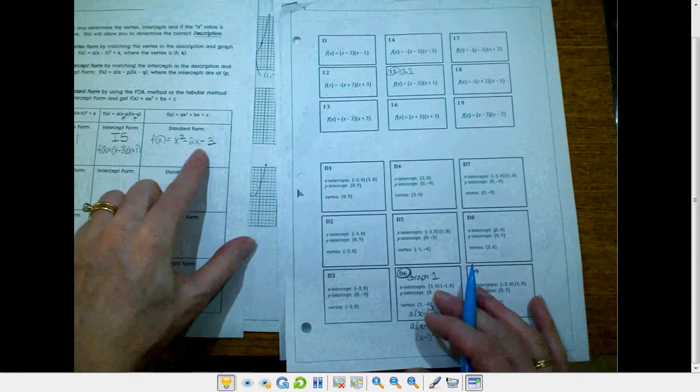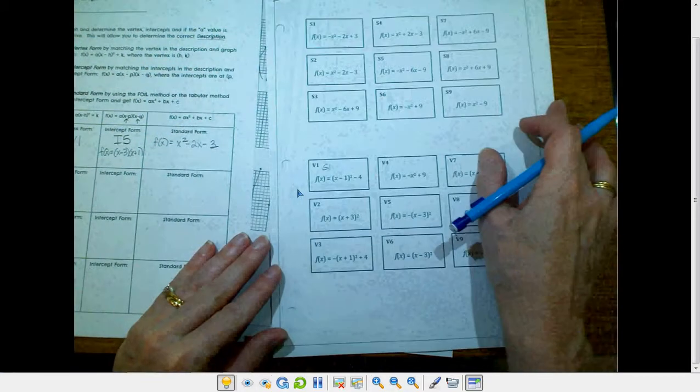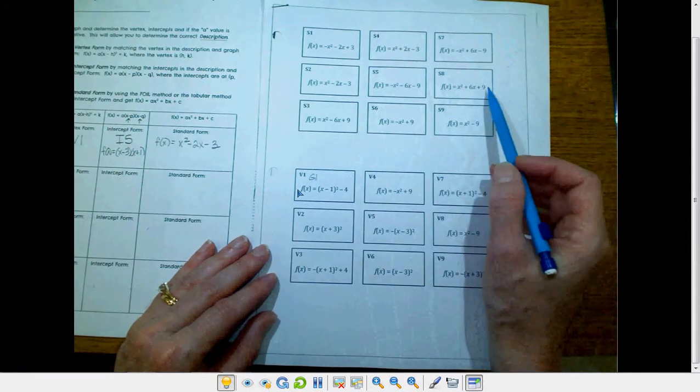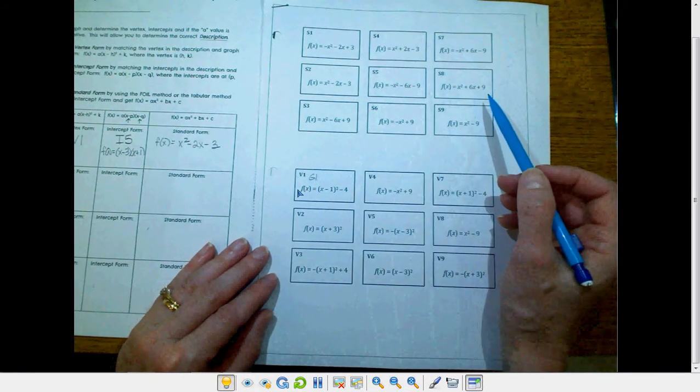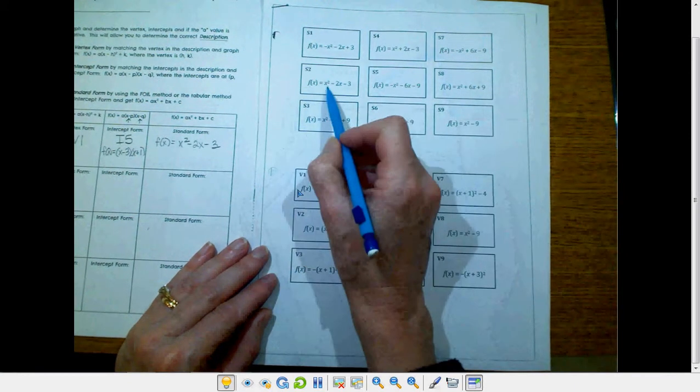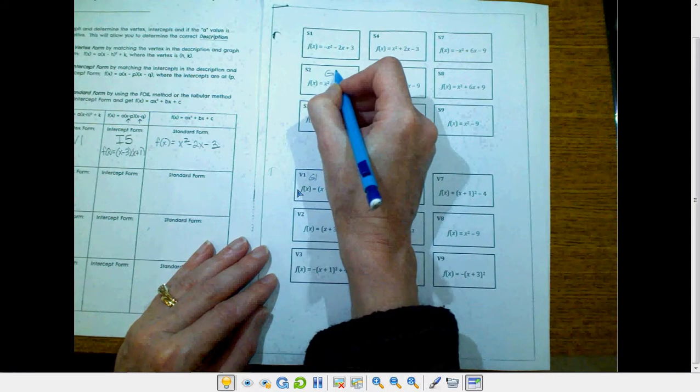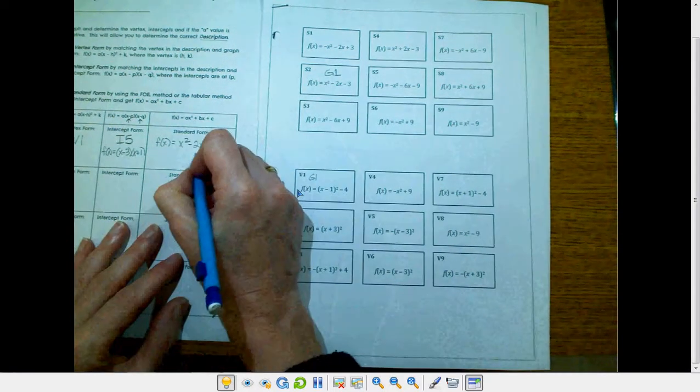So now I'm going to look for the standard form that looks like this. They have the S's for standard form. Not trying to be terribly tricky here. It's right there: x squared minus 2x minus 3. So that's graph 1, and this is standard form 2.